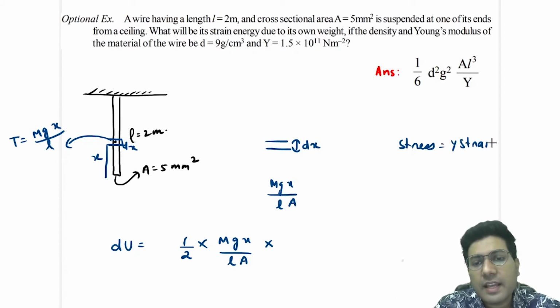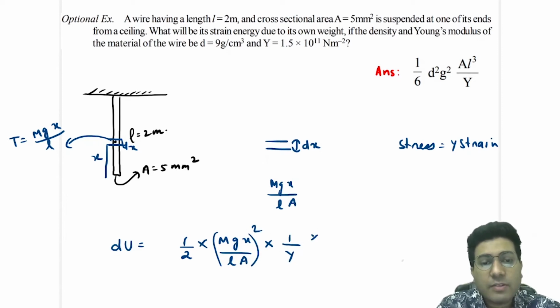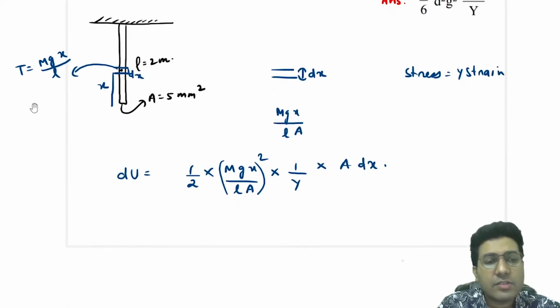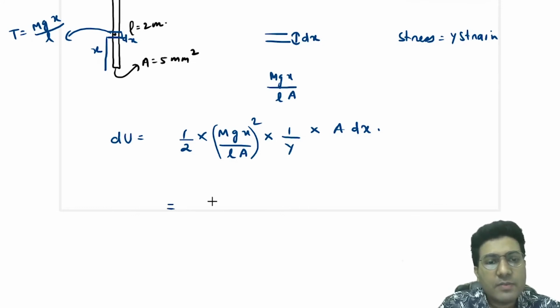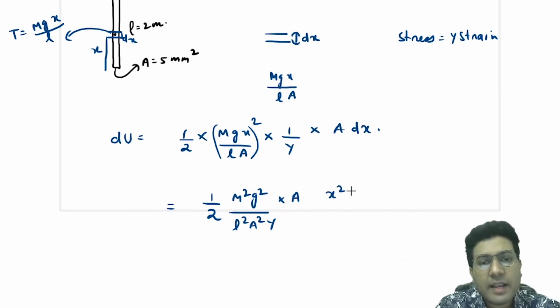So strain can be written as stress by Y. So I'll write this whole square into 1 by Y. This is strain into volume. Now volume of this element will be area of cross section multiplied by dx. So this is the energy stored in the element. So from this you will get half into m square g square divided by L square A square Y into A into x square dx.